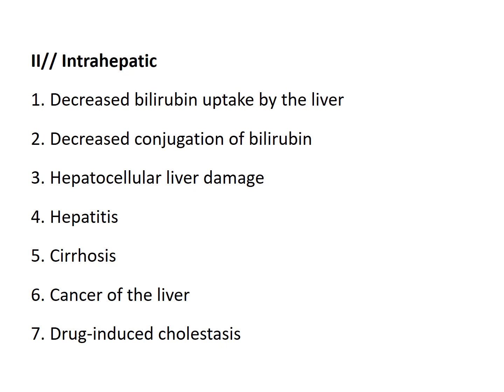Second, intrahepatic causes, and here there will be impairment in the uptake of bilirubin by the hepatocyte, or decreased conjugation due to a congenital defect in enzymes required for conjugation. There will be hepatocellular damage, hepatitis like viral hepatitis, hepatitis B and C, cirrhosis, cancers of the liver, or there will be a drug-induced cholestasis.